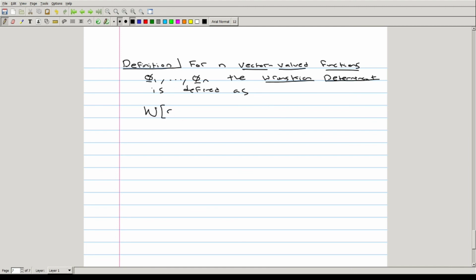W of phi1 to phi(n) is defined as the determinant of this matrix capital Phi.